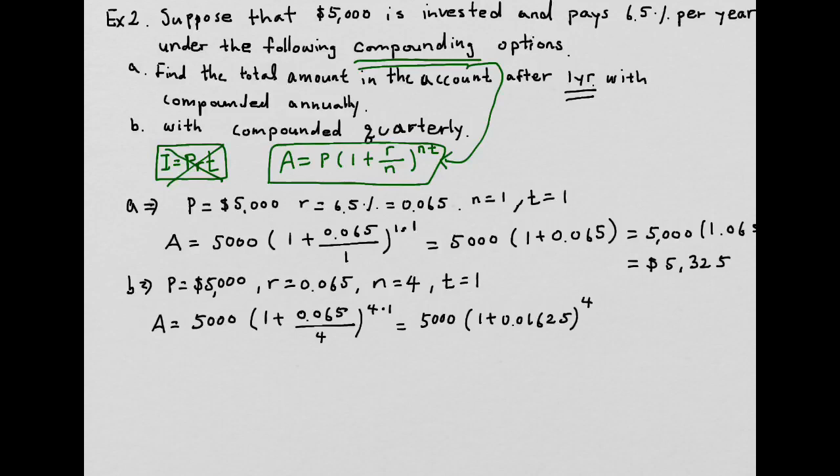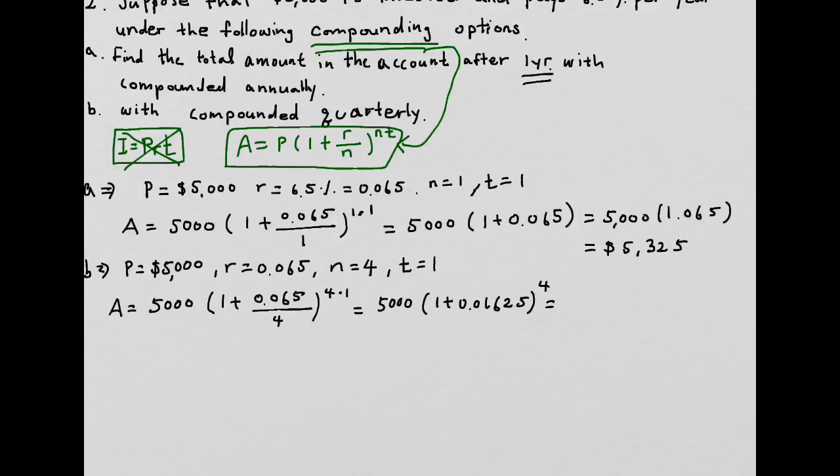So this is going to be 5,000 times 1.01625 to the 4th exponent. When you plug all that into the calculator, you will get 5,333.01.